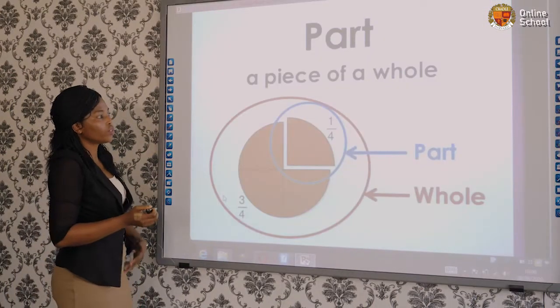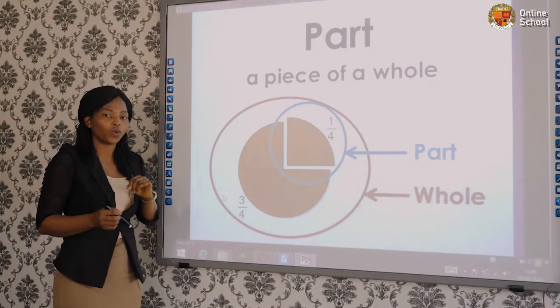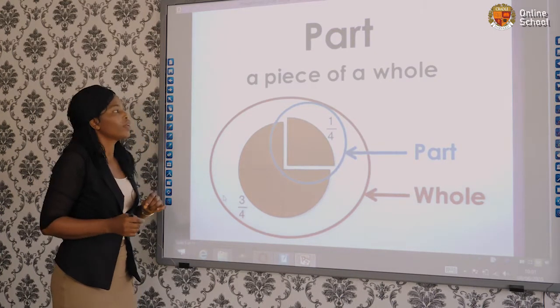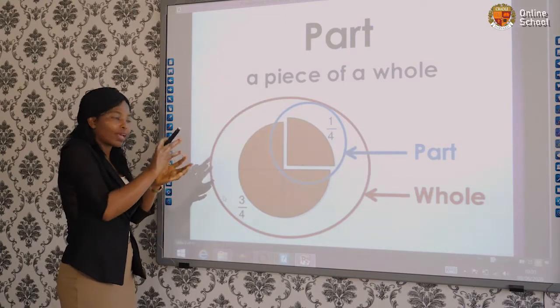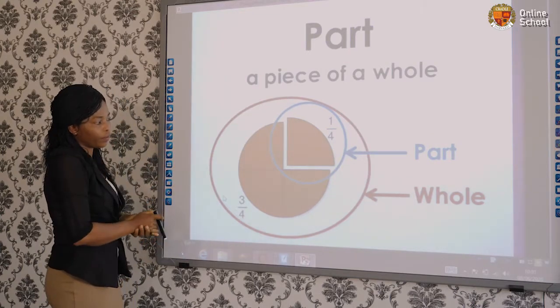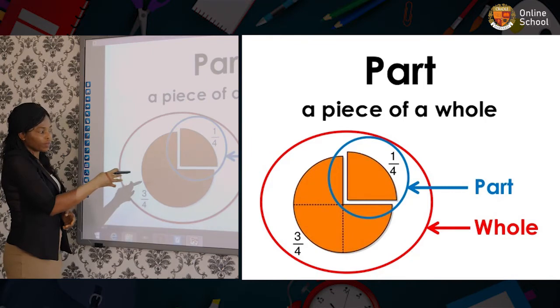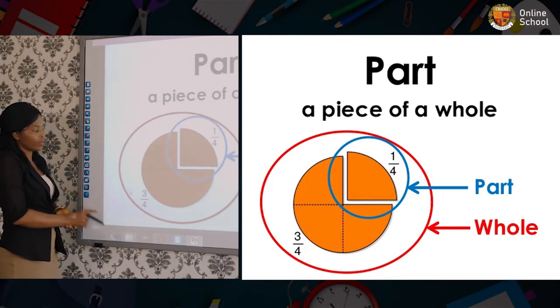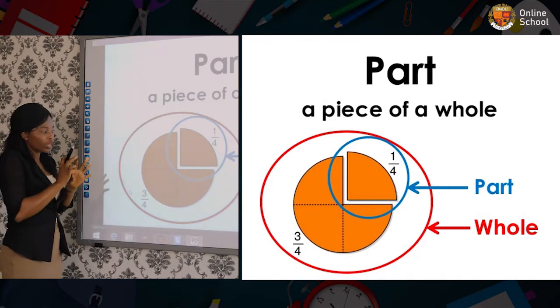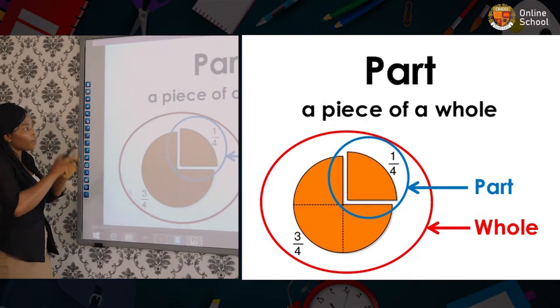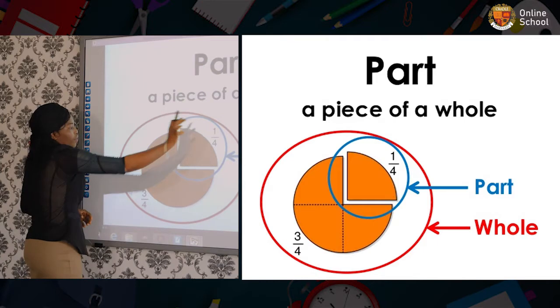All right, let's see the parts of a whole. What is a part of a whole? A part of a whole is a piece of a whole. Let's look at this diagram. Look at this circle. It has been divided into how many parts? You have 1, 2, 3, 4. It has been divided into 4 parts. A part is just a piece out of it.